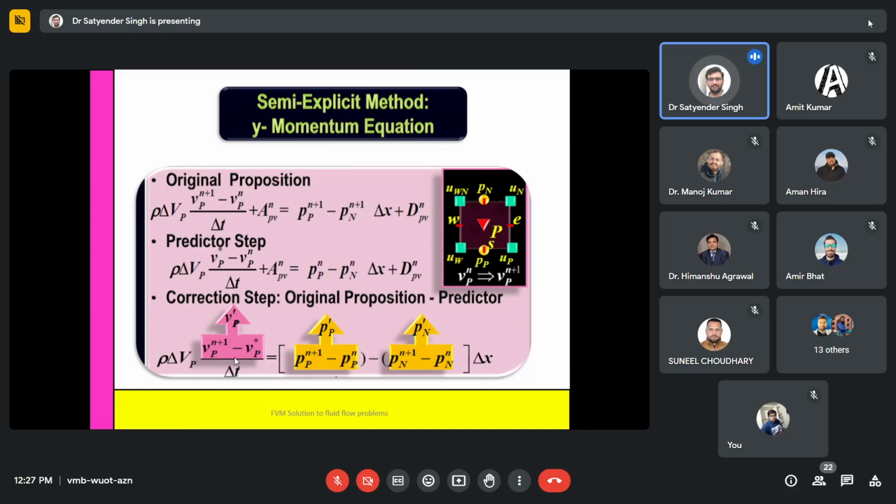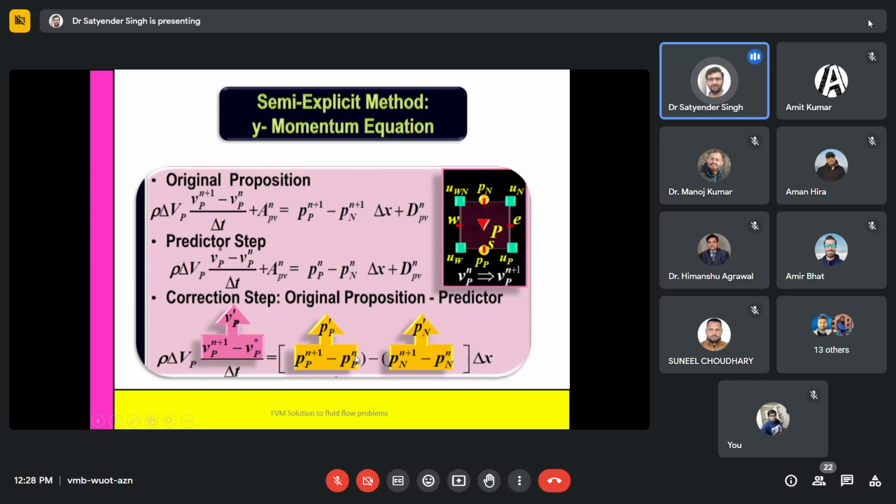Here I think sometimes there is a difficulty in understanding. The point is, I'm writing v p prime only, which is mathematically equal to v p n plus 1 minus v p star. On the right hand side, if I predict this value, let's say this is a guess, or 1 atmosphere pressure I'm considering, this I have already calculated from my initial value.